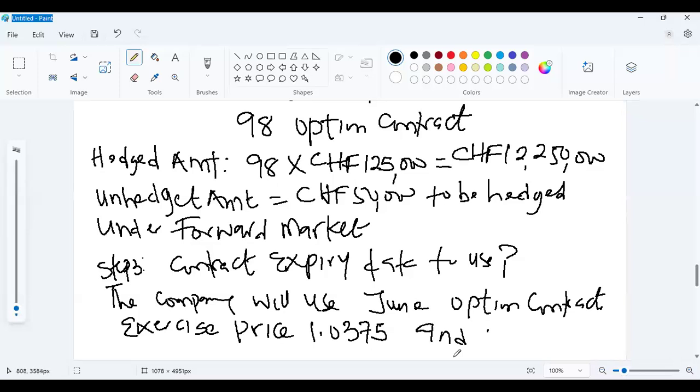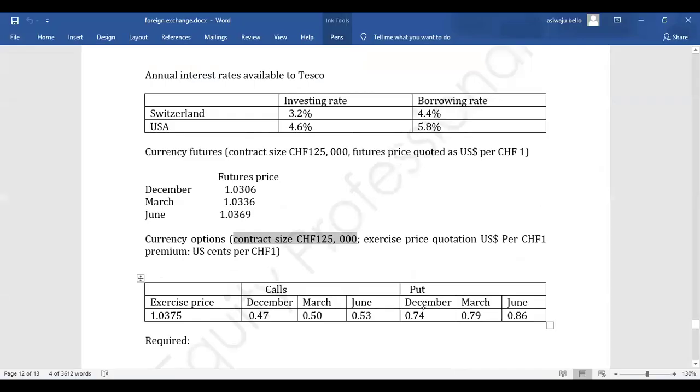And the premium. What is the premium for June under put option? Remember, we have selected in our step 1 that the company requires put options.